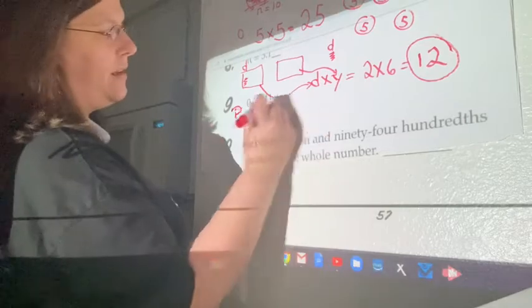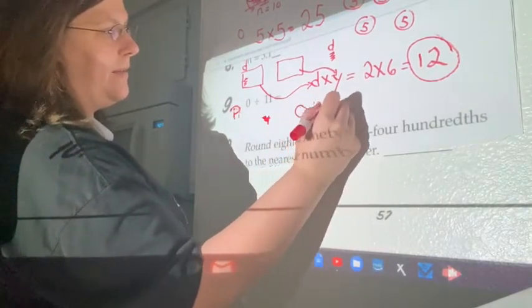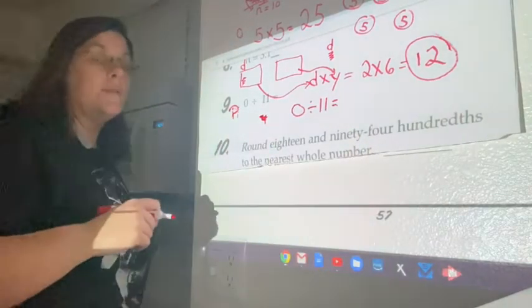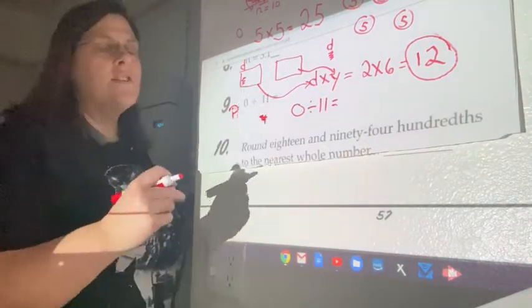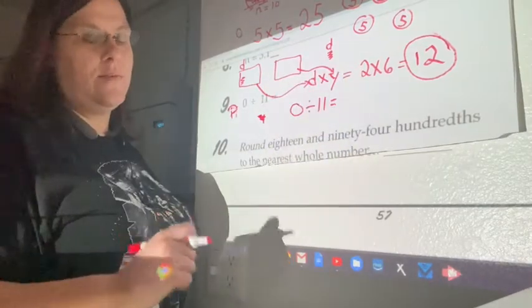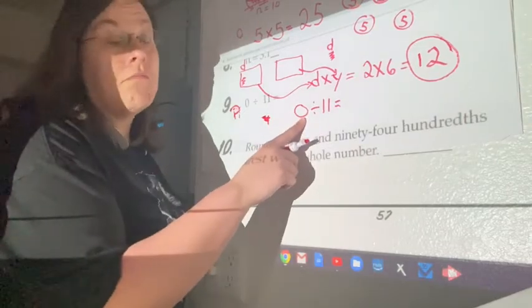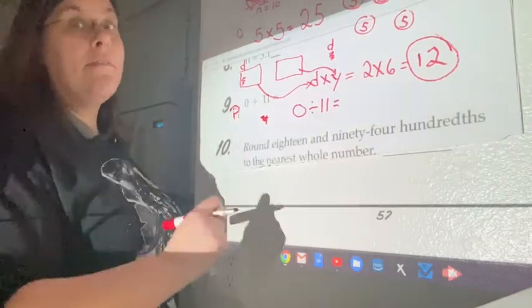So the first thing, number 9, is 0 divided by 11. This is one of my favorite problems on this paper because it's so funny. All I have to do is read this out loud using words and you totally understand what the answer is. No calculations, no nothing. You have nothing. And you divide that by 11 people.